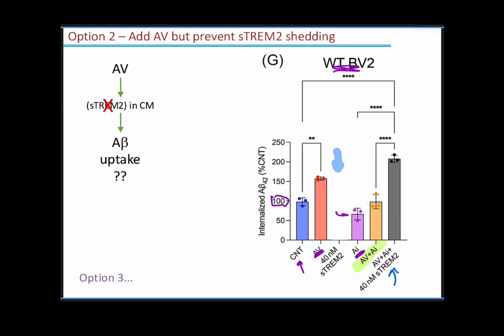So they could have treated the cells with AV, and gone back to that beautiful conditioned medium experiment. They let the cells release everything that they normally release into the conditioned medium. Then you take that conditioned medium and fill it up with sTREM2 blocking antibodies. Now you don't let sTREM2 do what it normally does, and then you treat cells with that, and what you should see is that the cells are not internalizing A beta anymore.